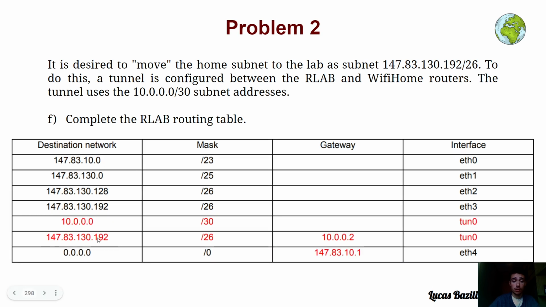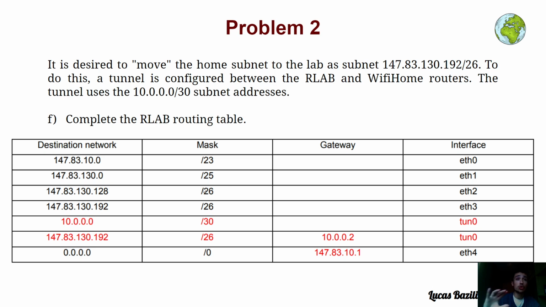As we have just discussed, if we want to reach the home subnet with this IP address, with this mask /26, we need to use the gateway. So remember that the gateway is always when we reach the router. So this is the routing table of the router of the laboratory, this our lab.